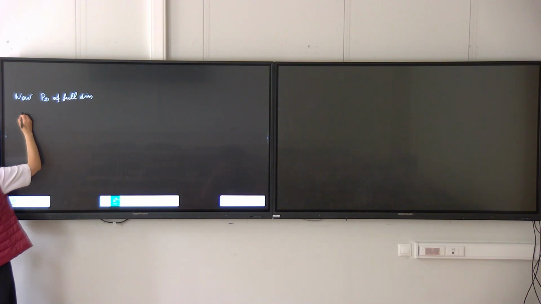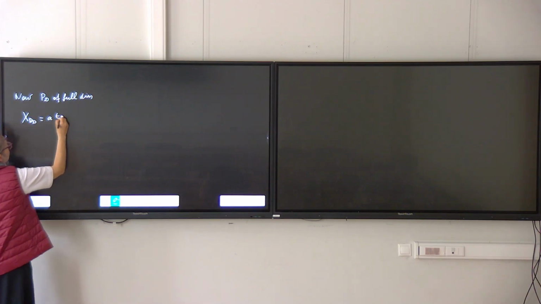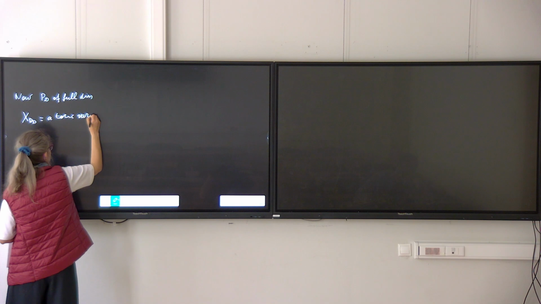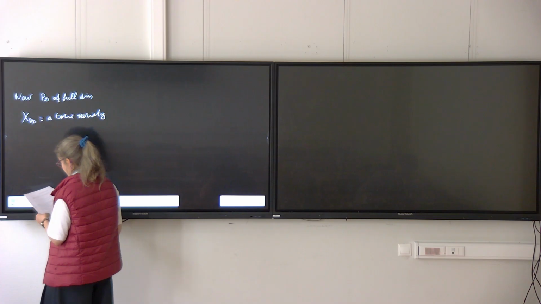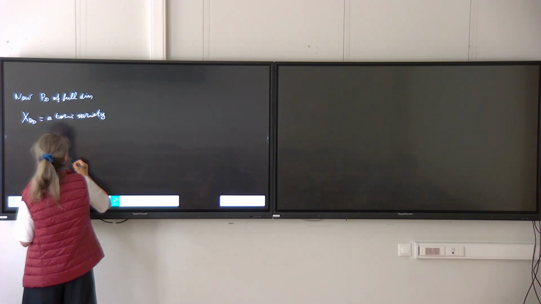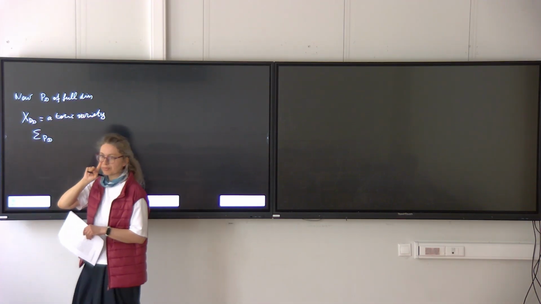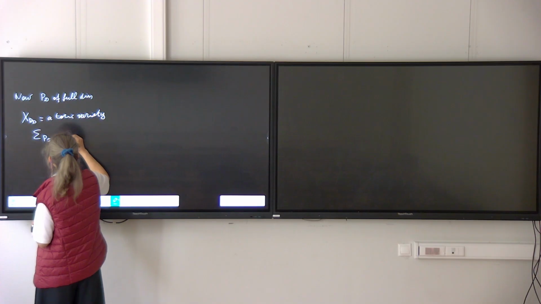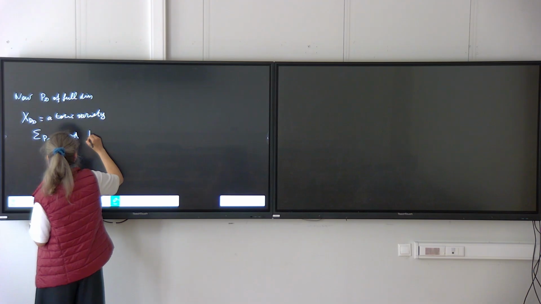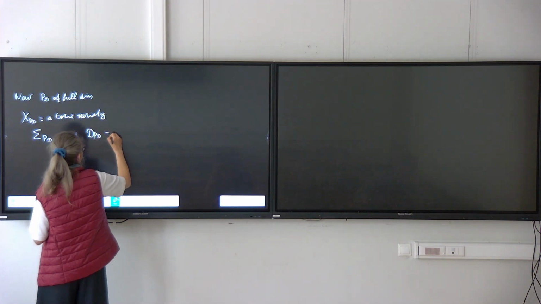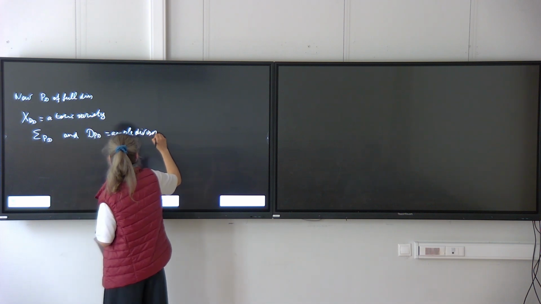So PD, we have X P D, it is a Toric variety with an ample divisor, and with the fan sigma PD, the normal fan to this polytope, and the PD ample divisor. Okay.